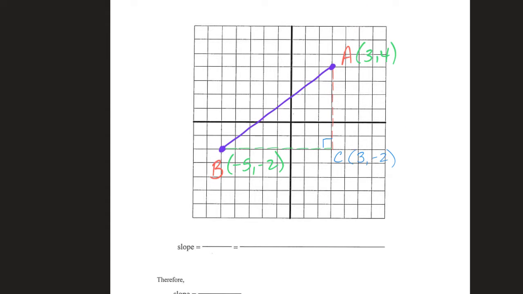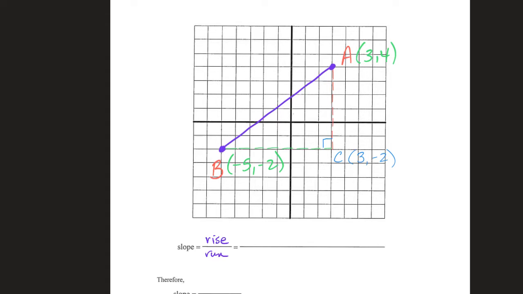Now, we're going to have a different picture on our grid from what I have on mine, but I want us to follow through the same process as we move forward. Okay. We know that to calculate slope is rise over run.